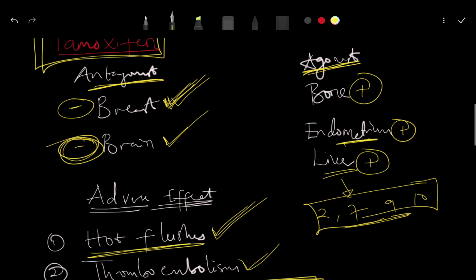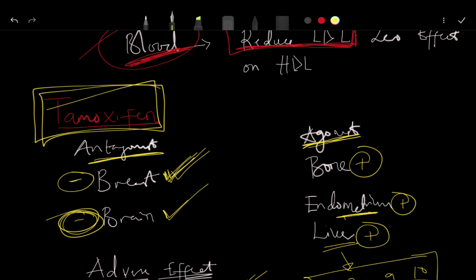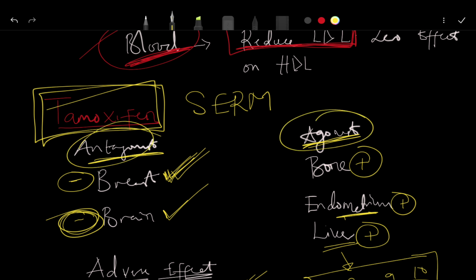So again, take note of the role of tamoxifen. It's an example of a SERM. It means that on certain tissues it acts as antagonist, on certain tissues it acts as what? Agonist. This particular agonist is a partial agonist. So in the bone, it will stimulate the bone normally, stimulate the endometrium, stimulate the liver.